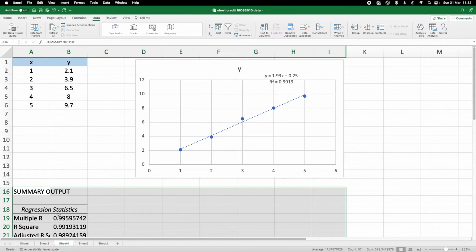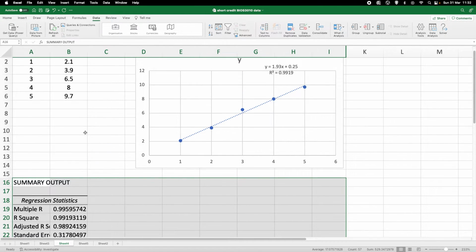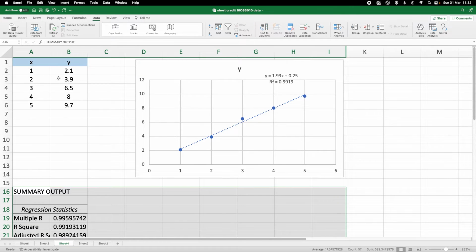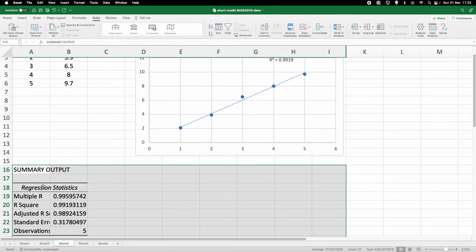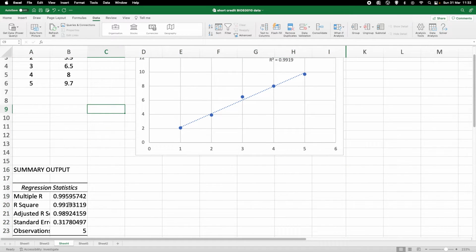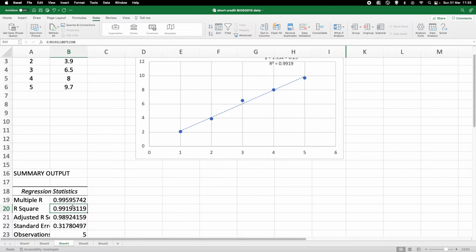We have the summary output, and since we only have 2 parameters here and only one independent variable, we don't have to worry about the multiple r. We have the R-squared value of 0.9919, and we see that this tallies with the R-squared value here.